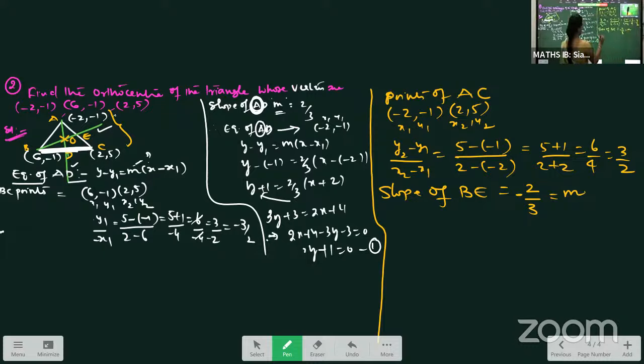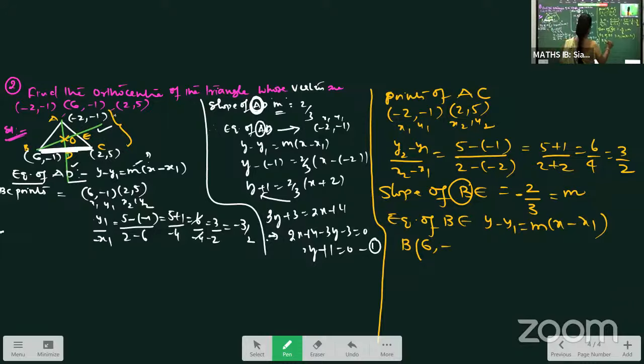Now, the equation of BE: y minus y1 is equal to m into x minus x1. So what are x1, y1 here? For x1, y1 we use the B point. What is the B point here? B point is 6, -1.